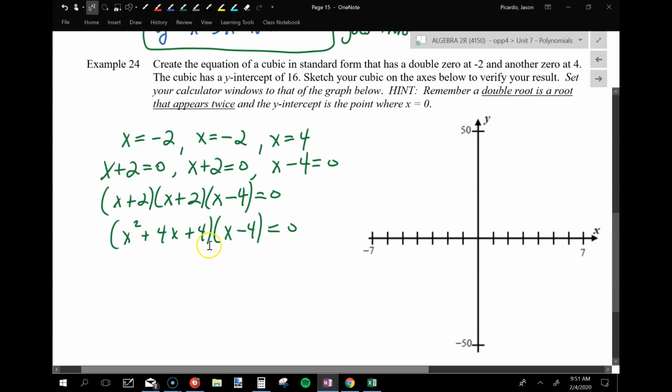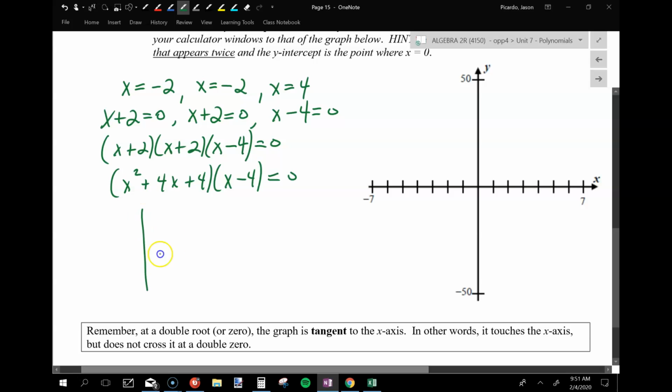And Blake, I'm going to play a little tic-tac-toe again, right? Because I have 3 items times 2 items.